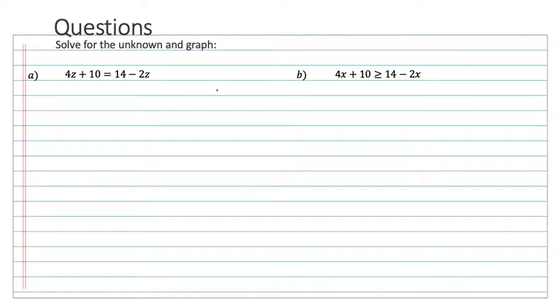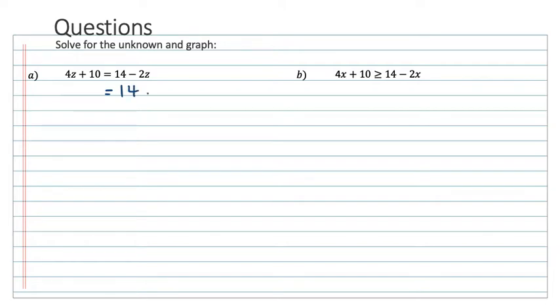Let's first have a look at how we do it with the equation. Well, I want to make z the subject. So firstly, I'm going to get rid of z on this right hand side. And to do that, I'm going to add 2z to both sides of the equation.